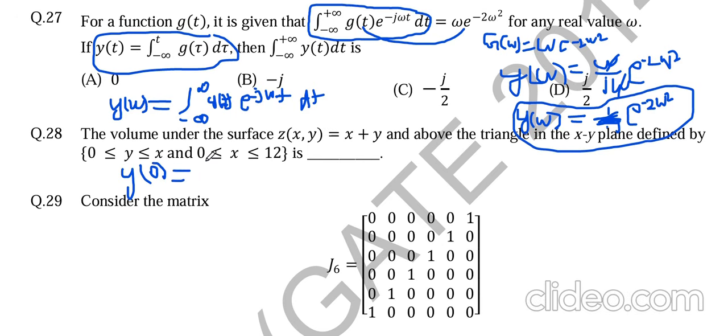So this equation becomes the integration from minus infinity to plus infinity of y(t), and this becomes 1, so the dt remains.